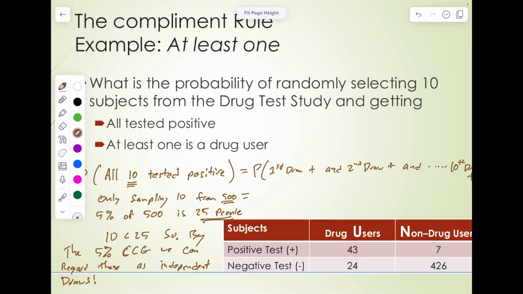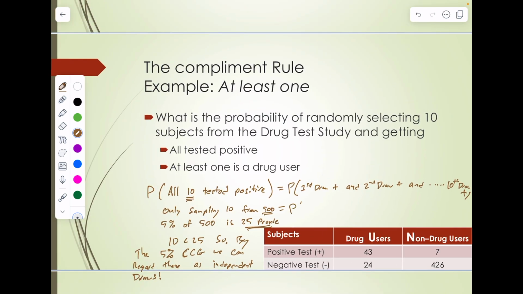Wonderful. And so that's going to equal the probability of plus sign, of the first one being positive, times the probability of the second one being positive, simply times the probability of the third one being positive, all the way to the probability of the 10th one being positive. We are using the cumbersome calculation guideline to say that all of these are effectively independent.